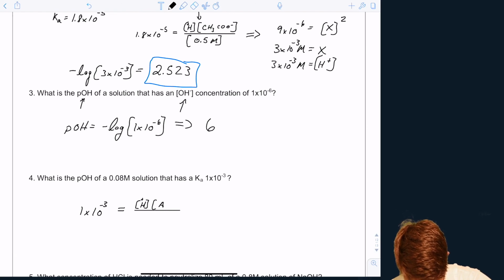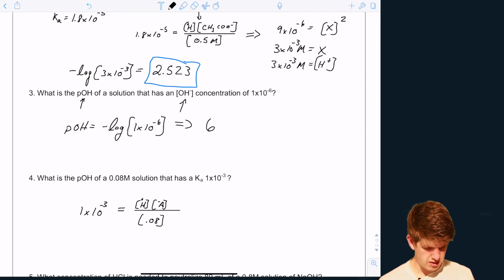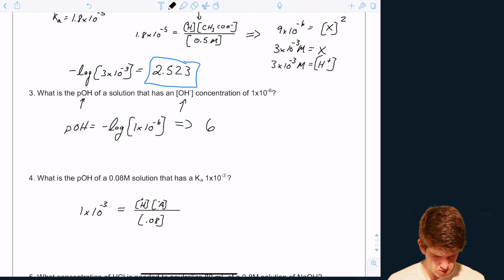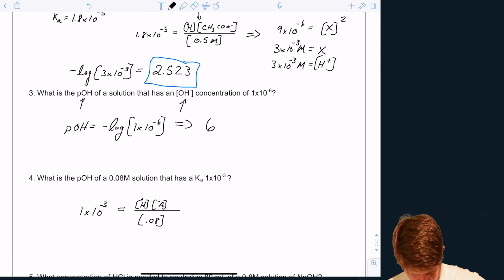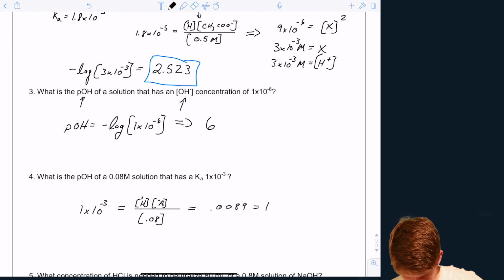Let's just say that's A minus over HA, and HA is 0.08. So 1 times 10 to the negative 3 times 0.08, square rooted, will equal 0.0089. So that is equal to the H plus concentration.